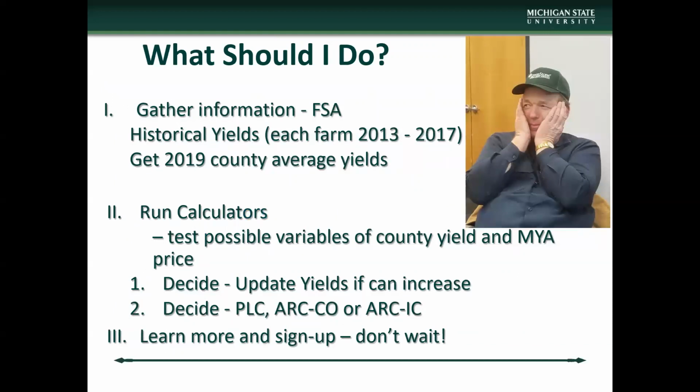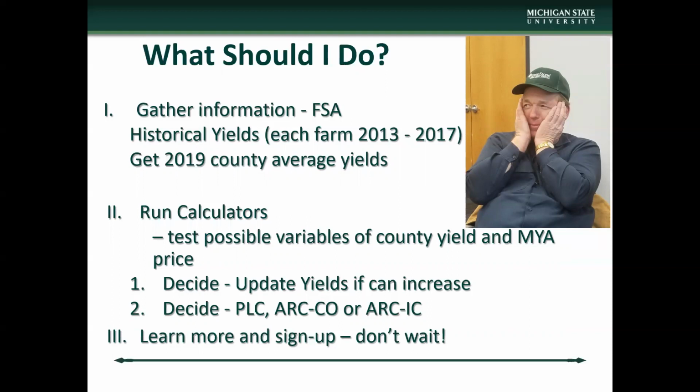What do I need to do to make my elections? First, you need to get information on your historical yields for 2013 through 2017. You need to plug those into the calculator to determine whether it makes sense for you to do the PLC yield update. You need to talk to your buddies to figure out what your best estimate is going to be for average yields on a commodity by commodity basis for 2019. That will help you know whether PLC versus ARC is the best program for the 2019-2020 election.